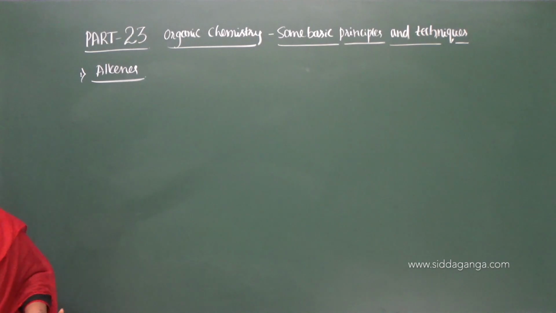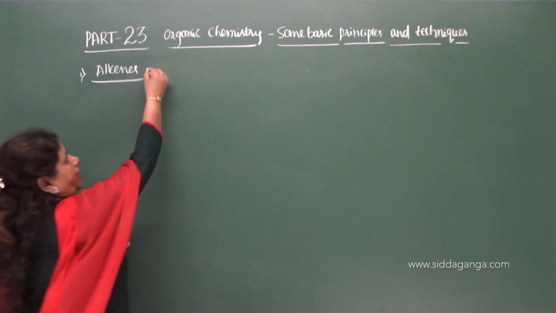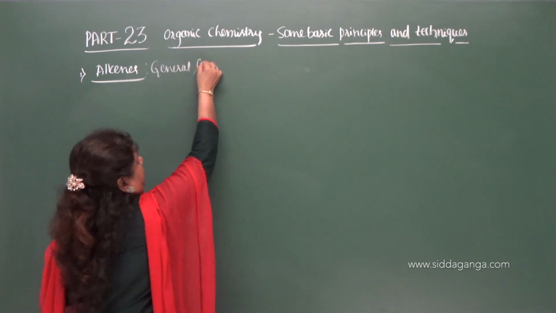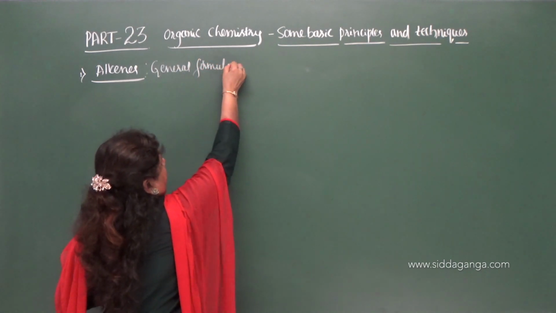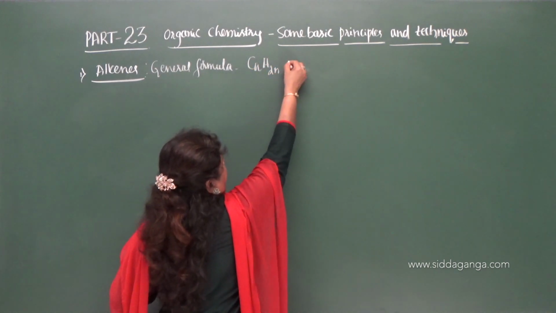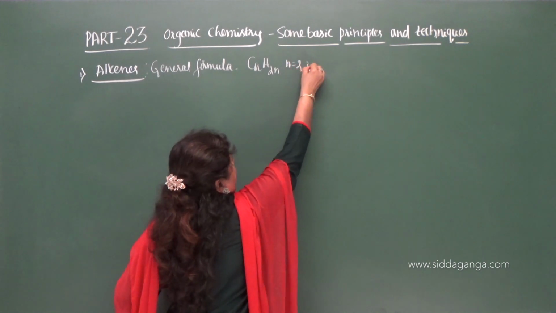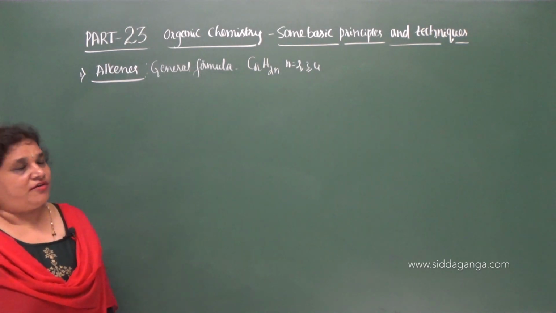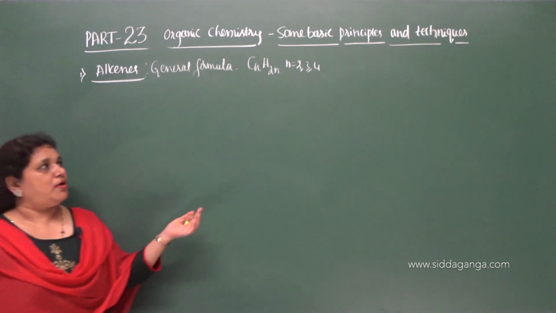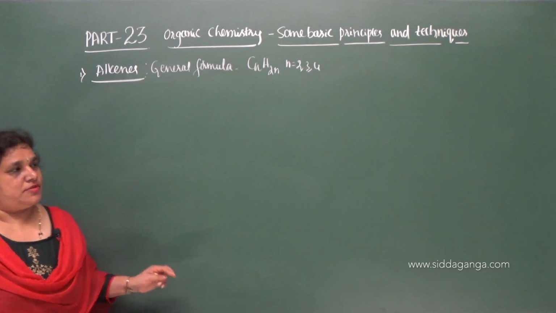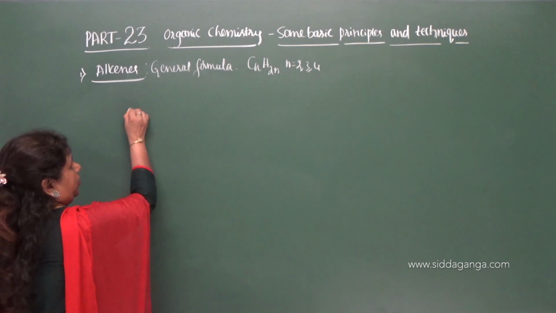So what is the general formula for alkenes? The general formula for alkenes is CnH2n, where n is 2, 3, 4, etc. The number of carbon atoms required for the first member is 2, because to form a double bond we require at least 2 carbon atoms.